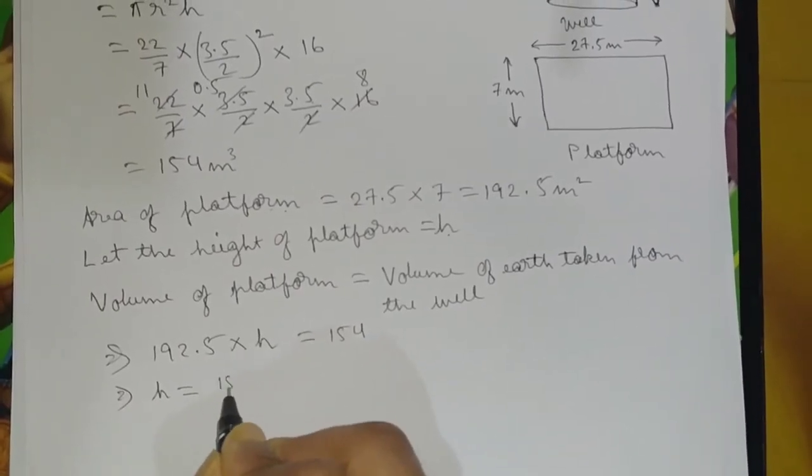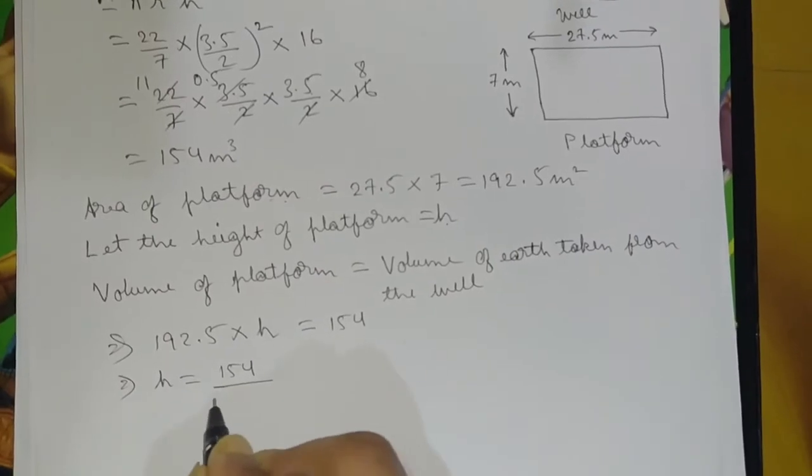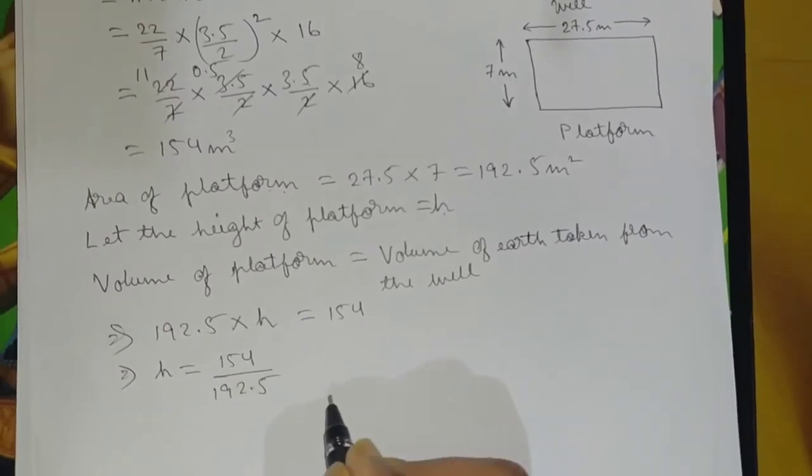So h is equal to 154 divided by 192.5. Converting the decimal to a fraction, 192.5 is 1925 divided by 10.